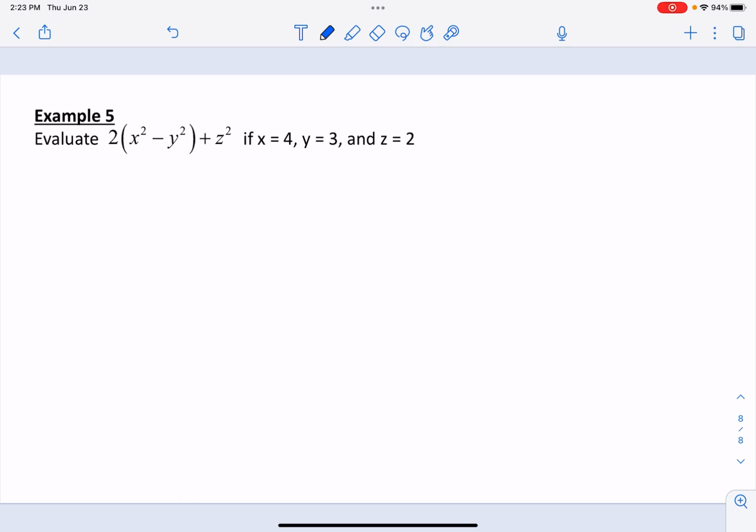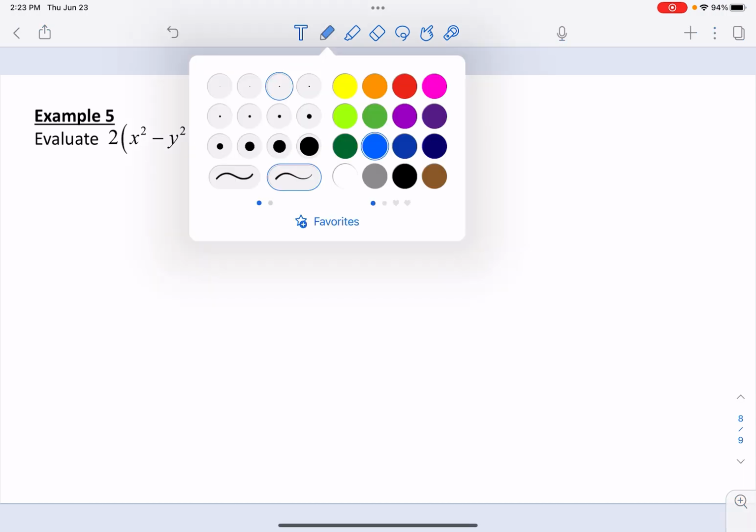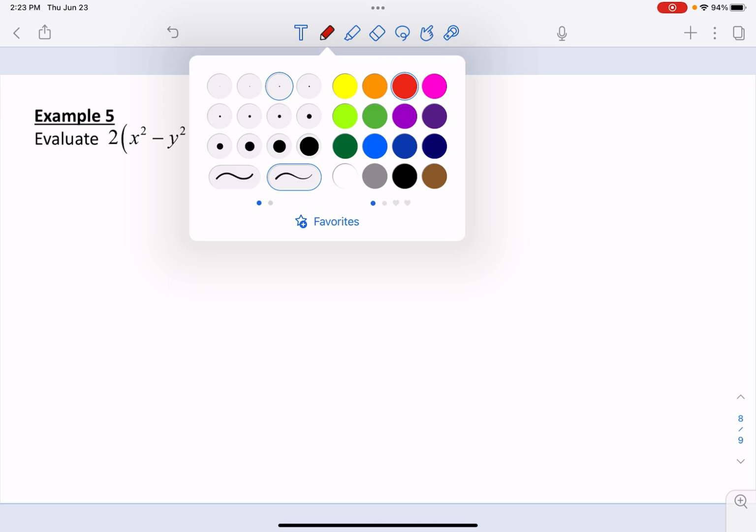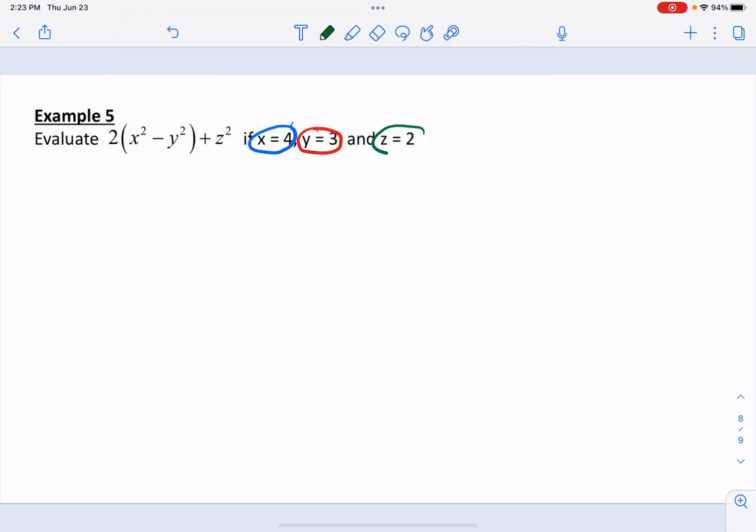Now evaluating that expression. When x is 4, y is 3, and z is 2. So I have 2 times the quantity. What I have to do is I have to plug in 4. So I plug in 4 for the x.